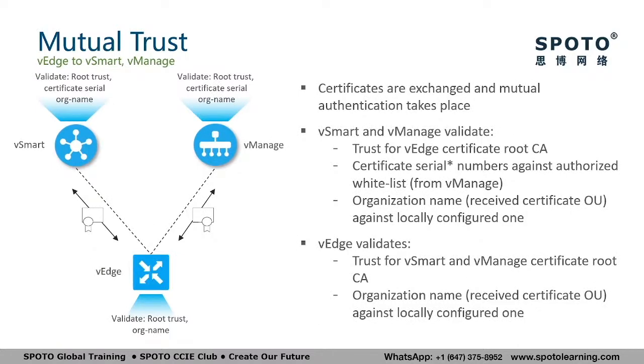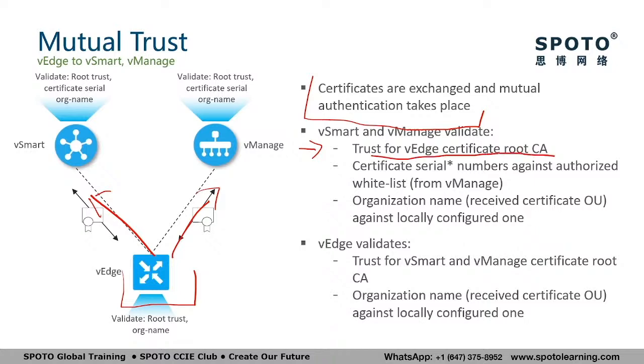Mutual trust for vEdge to vSmart and vManage. So the vEdge here for vSmart and vManage, it's the same idea. It's the same idea about how they are exchanged and mutual authentication takes place. So two parts. The first one is vSmart and vManage validate, right?